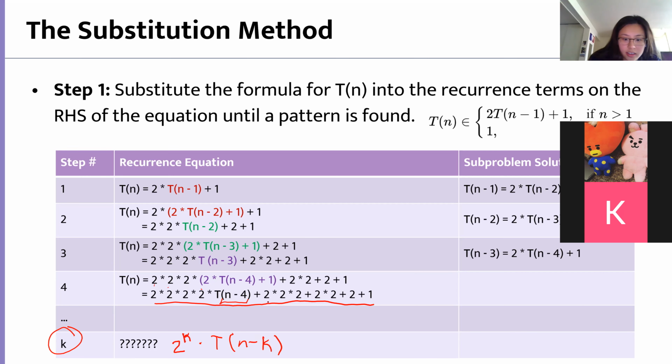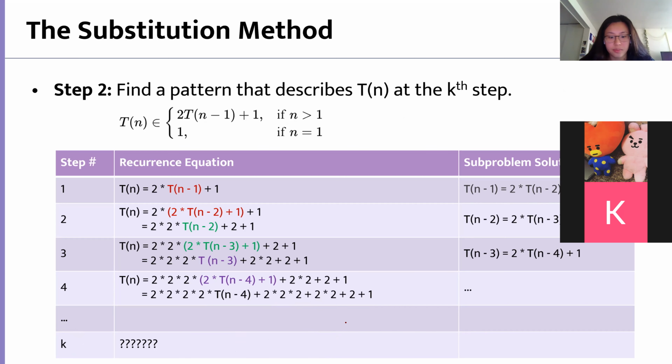And this right here, 2 times 2 times 2 plus 2 times 2 plus 2 plus 1, you don't need to know this, but this is actually a summation. So this is the sum from i equals 0 to k minus 1 of 2 to the i. That's actually what that is.